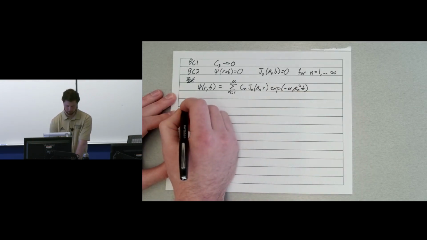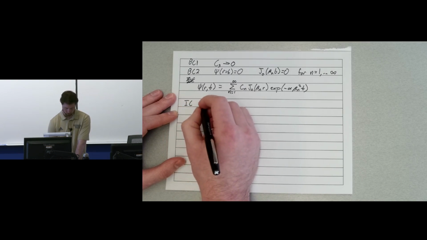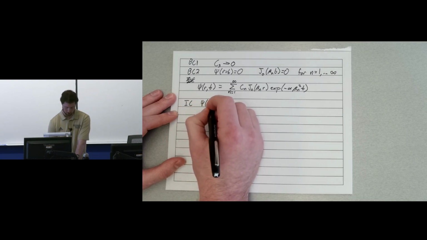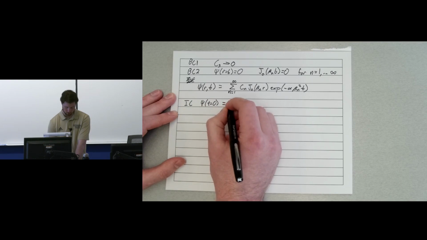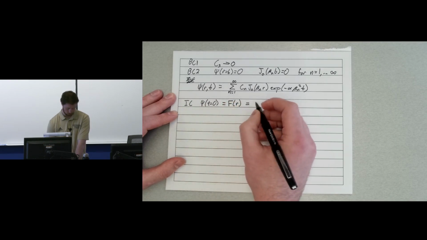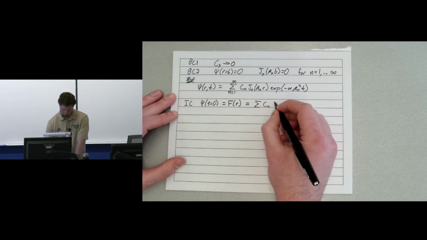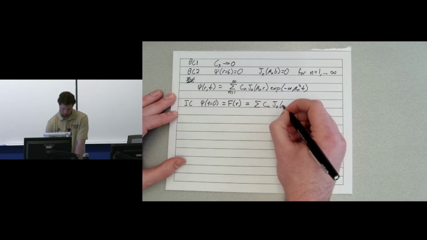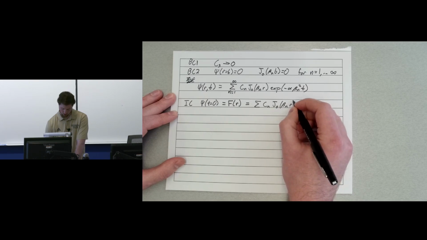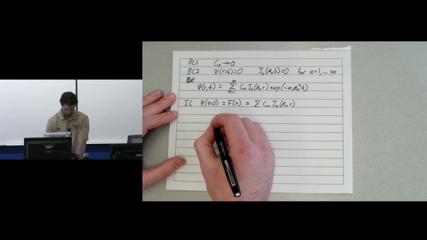Okay. Then we'll apply our initial condition, which is just going to be psi at time equals 0 is equal to f of r. So this will then equal that summation Cn J naught beta n r. What do we do here? Apply orthogonality. Great.